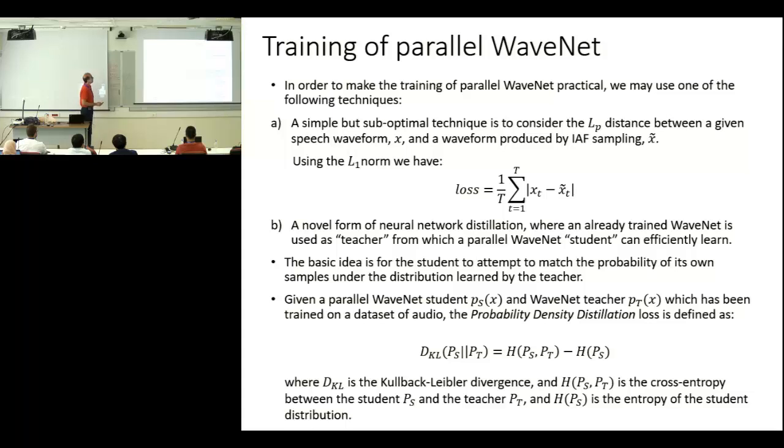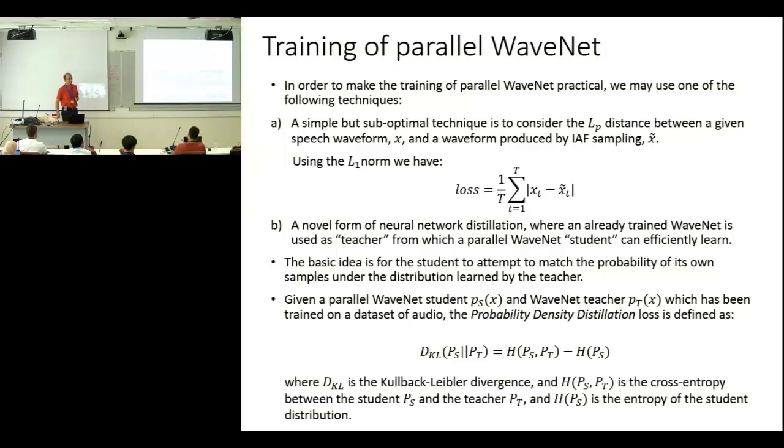How is the parallel WaveNet trained? In order to make the parallel WaveNet training work, they have proposed, not in the original paper, a lot of ideas. One is to use a loss function directly on the output of the network, which is that, and the target speech.